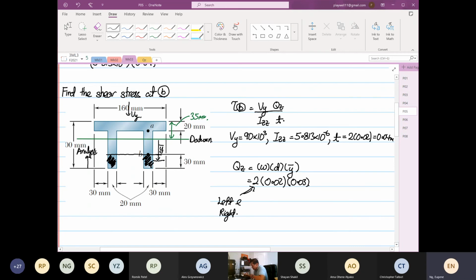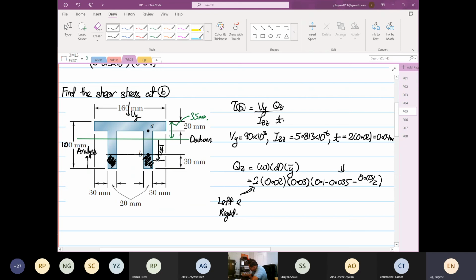Okay, and you have to be careful. The entire length is equal to 100. Okay, so y bar is equal to 100 minus 35, or 0.1 minus 0.035, and then minus 0.03 divided by 2. Okay, then you have your y bar distance.